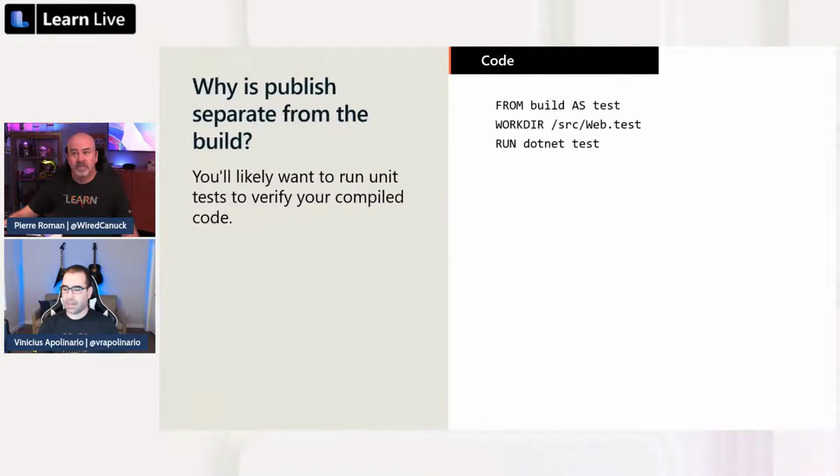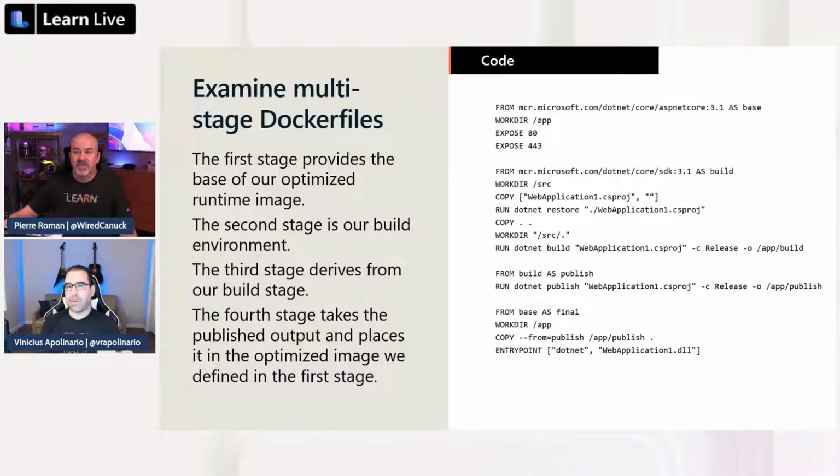One of the things we did here was, why didn't we use the publish stage along with the build stage? All the steps that you see in a multi-stage Dockerfile should follow your process. So what is your process to build your application? This is the default one to build any .NET application. You do the build, then you do the publish, and you might have an additional step for testing. When you run a test, it will use only the components from the build, so you don't need to wait for the publish process to run a test.